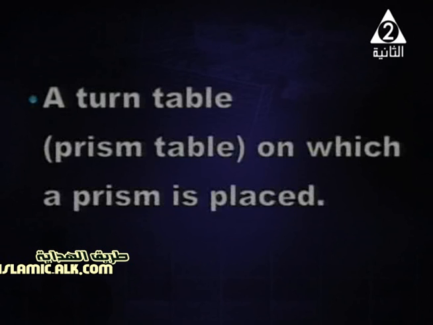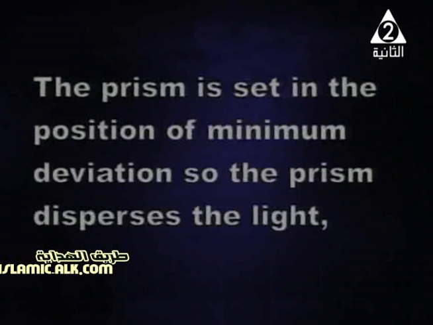Second component, as I said, we've got a turntable in which a prism is placed. The prism is set in the position of minimum deviation. So the prism disperses the light. In this way, light is analyzed.